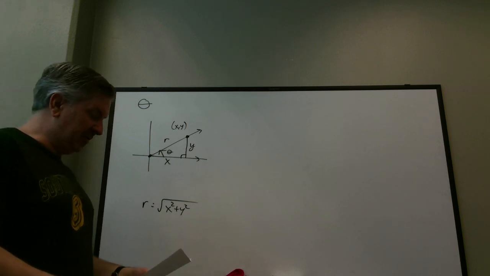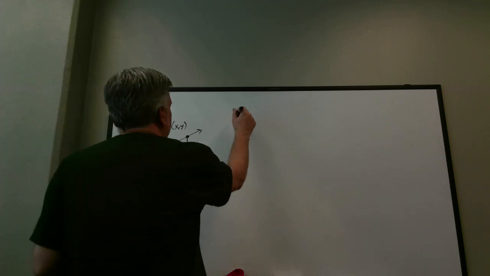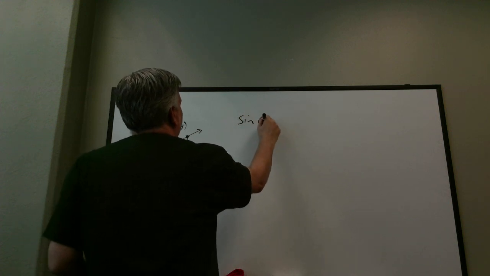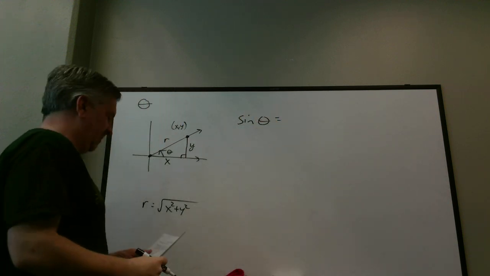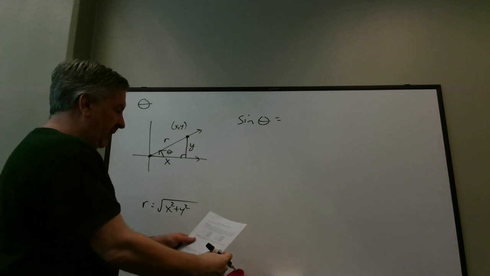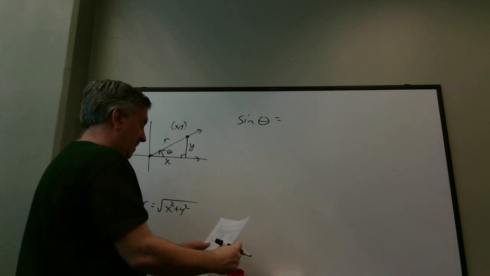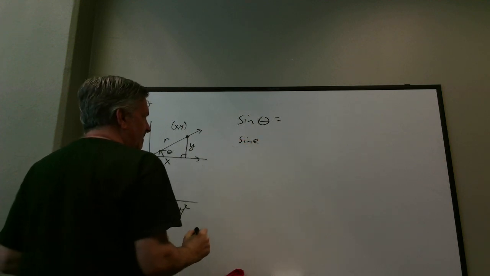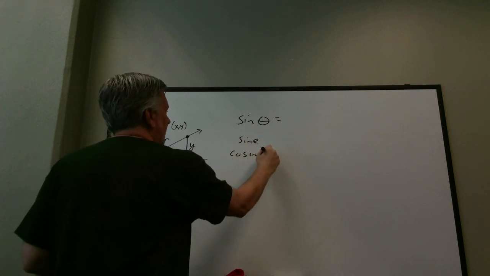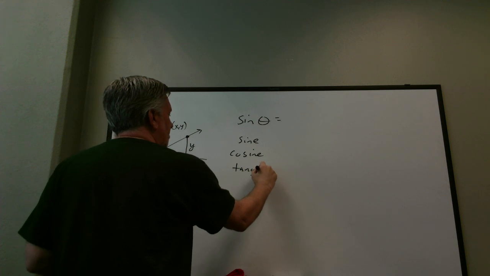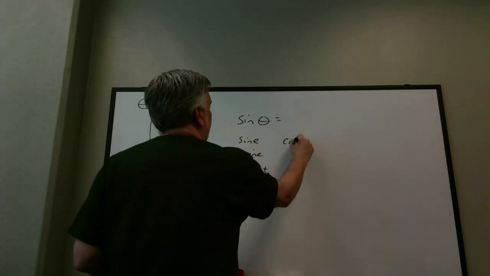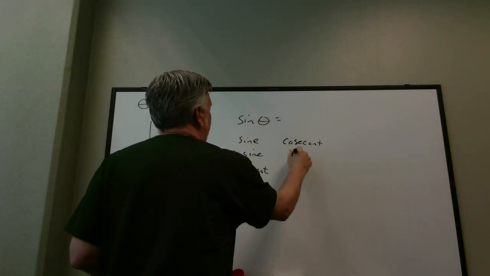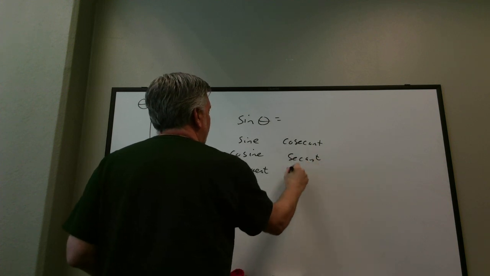So the definitions of the six trig functions are sine theta. I actually wrote in the notes that SIN stands for sine, S-I-N-E. Then we have cosine, tangent, cosecant, secant, and cotangent.